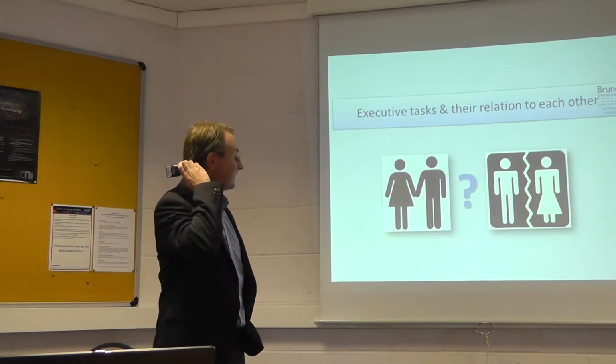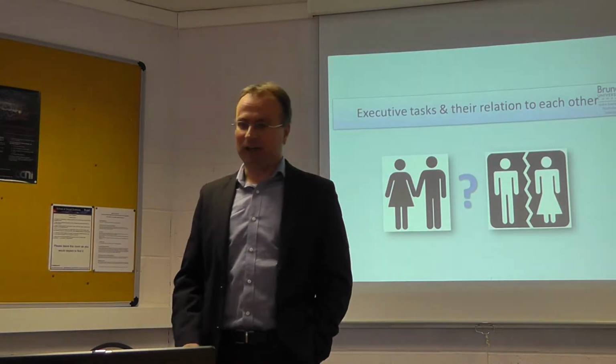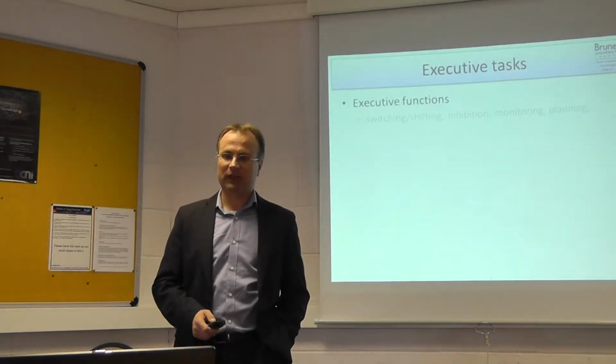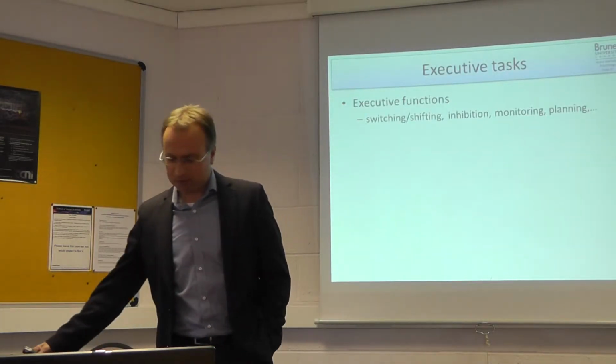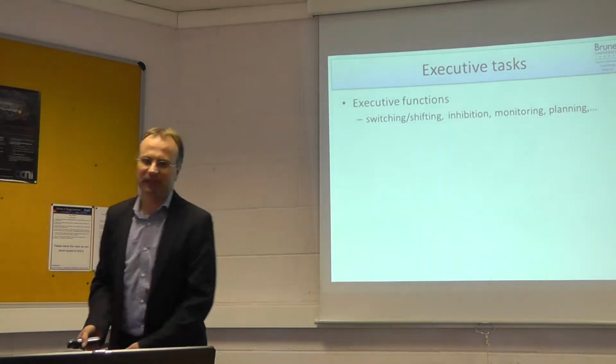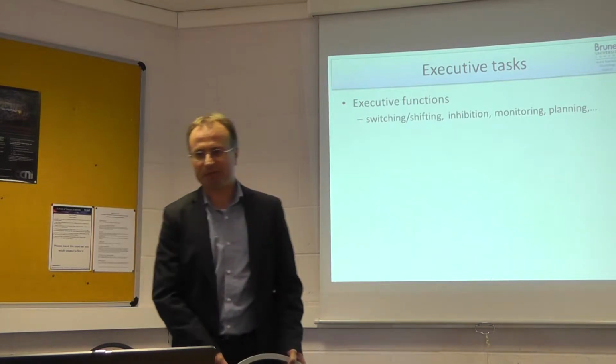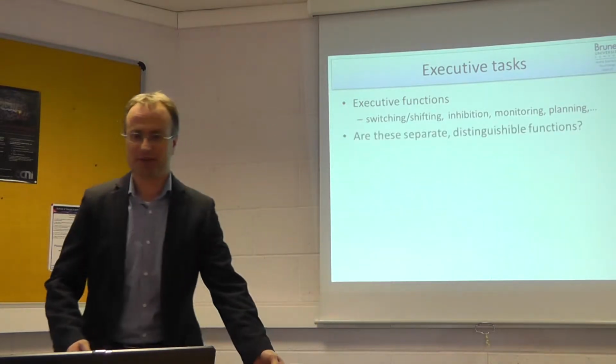So, these tasks we talked about and their relation to each other. We spoke about quite a few executive functions: switching, or you may call it shifting as well, inhibition, monitoring, planning, and so forth.